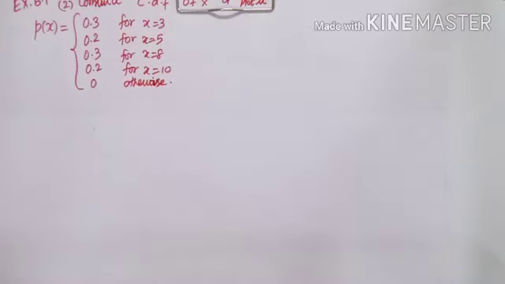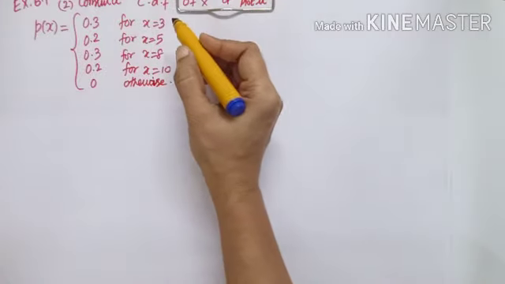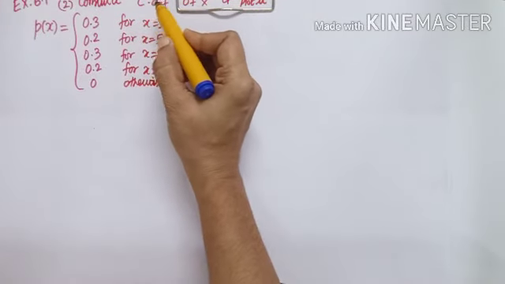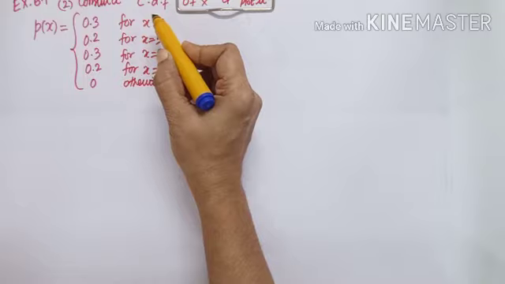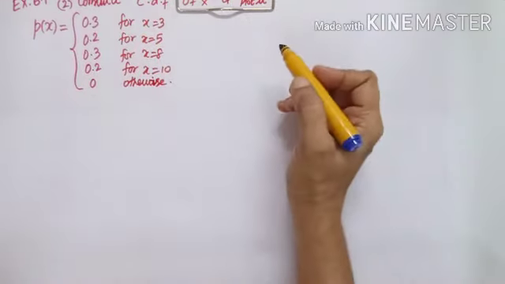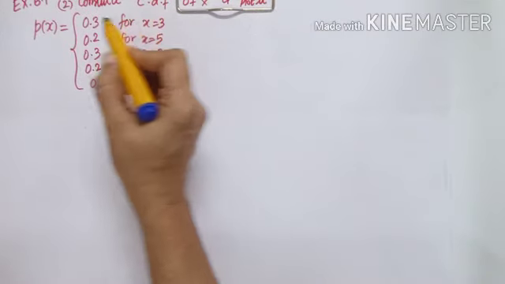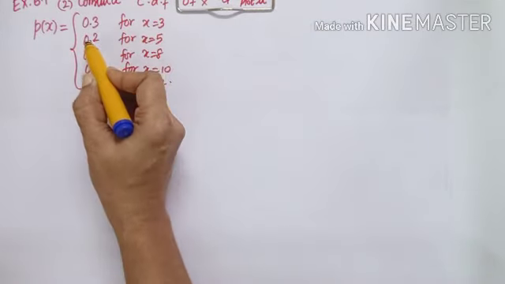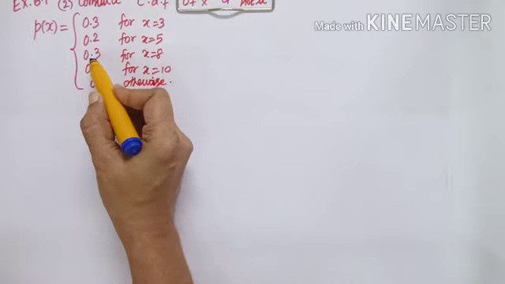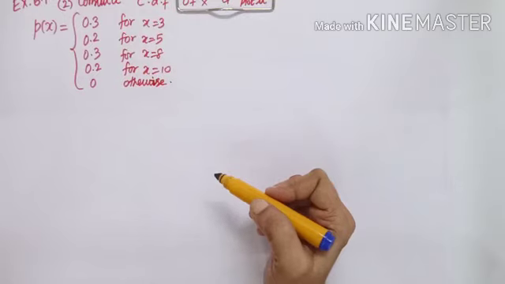Exercise 6.1, question number 2. Construct CDF of X, cumulative distribution function of X, and plot it. Given a function like this, at 3, 0.3, at 5, 0.2, at 8, 0.3, at 10, 0.2, otherwise 0.